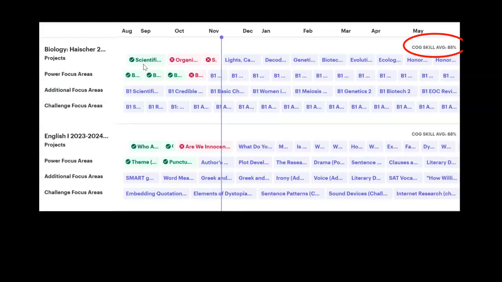Now you might say an 85 is really good. It is really good. It's a B. But that's only the grade from this green unit that's been completed. Since these units are red, that means that the student has not submitted their projects to be graded. So this 85 is actually a very incomplete grade. We don't have a full view of how the student's doing because they should have 3 units graded, but they only have 1.